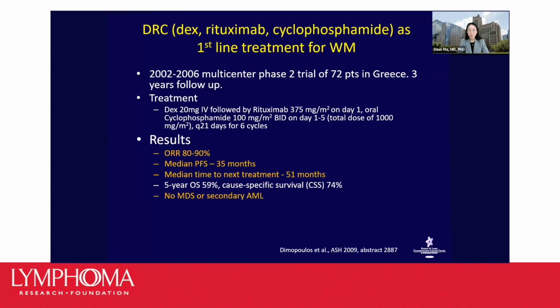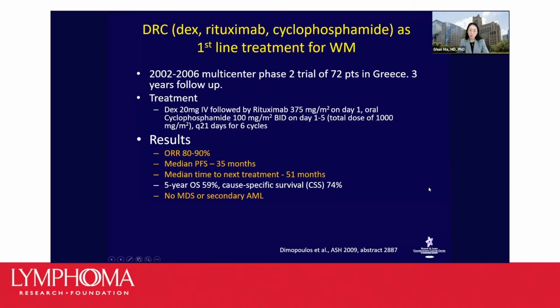So nowadays, the most commonly used combination is cyclophosphamide chemo plus rituximab immunotherapy plus dexamethasone, a steroid. This particular combination, reported by the Greek group in a very large phase 2 study, showed an 80 to 90% response rate with a median progression-free survival of 35 months, almost 3 years, and a median time to next treatment of 51 months.